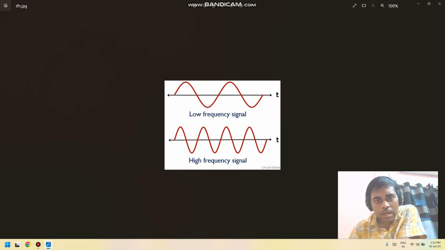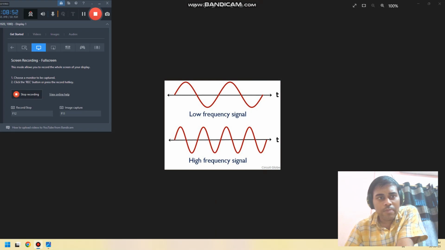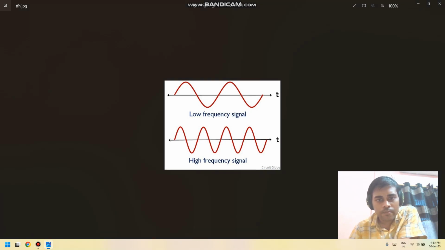If in a given time a wave takes longer to complete, that means it will pass slowly. So its frequency will be smaller, and the frequency of this wave will be larger.